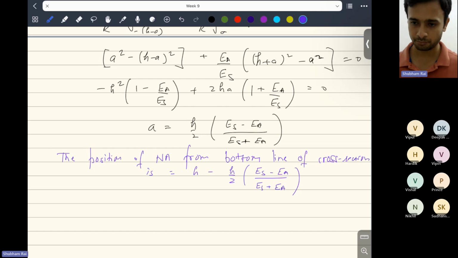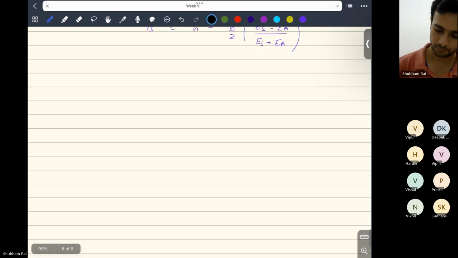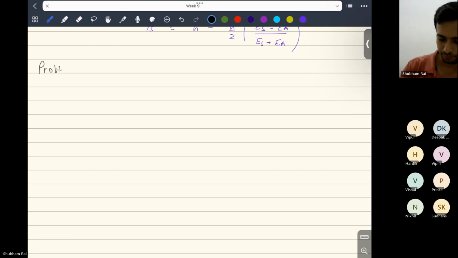Now let me go to problem 3. So problem 3 is a beam of composite cross section again.